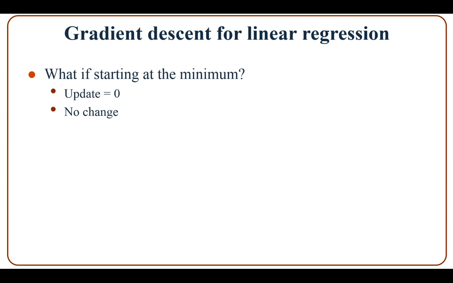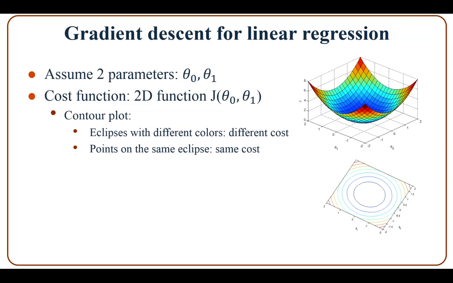What if we start right at the minimum? So if by chance we select theta 1 equal to theta opt, then the update is always 0, as there's no change in each iteration.